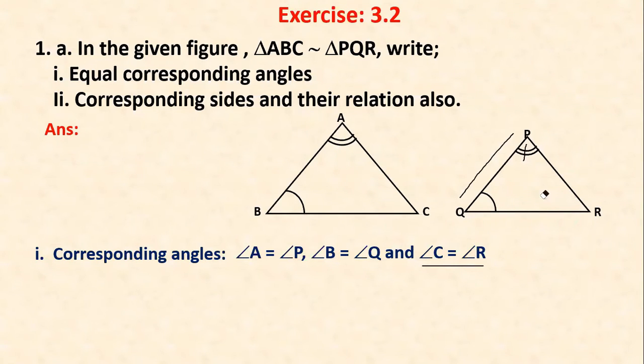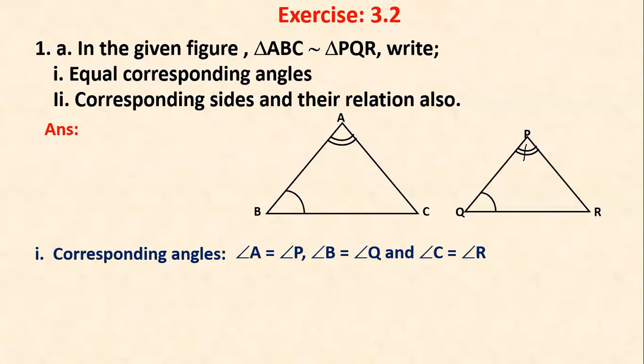Do you know the relation of corresponding angles and the relation of corresponding sides? In our last class we discussed the relation of equal corresponding angles and corresponding sides. In our question, the angles are already given equal, so corresponding angles are always equal. But what is the relation of corresponding sides?